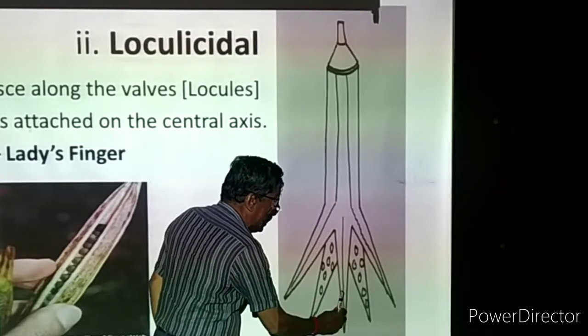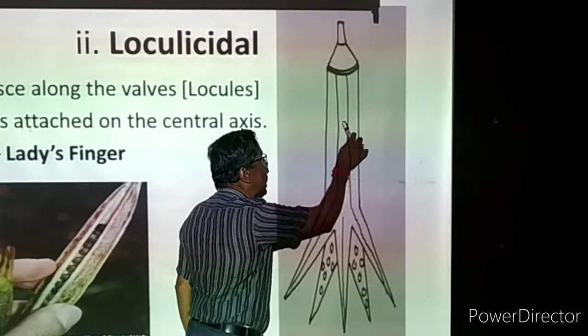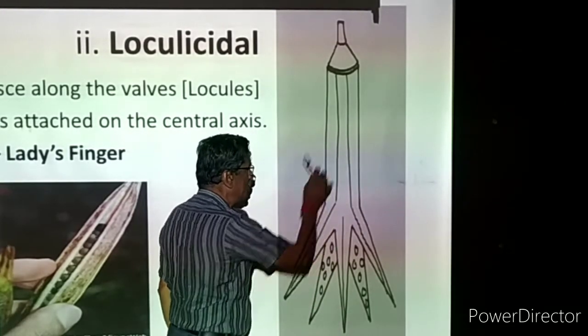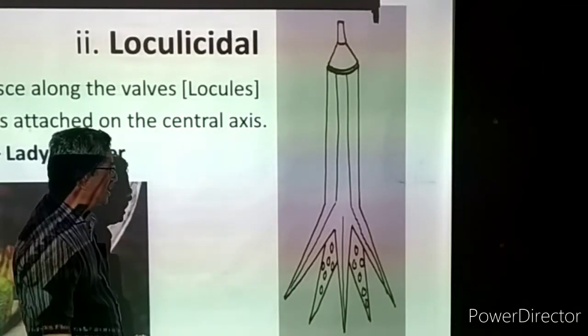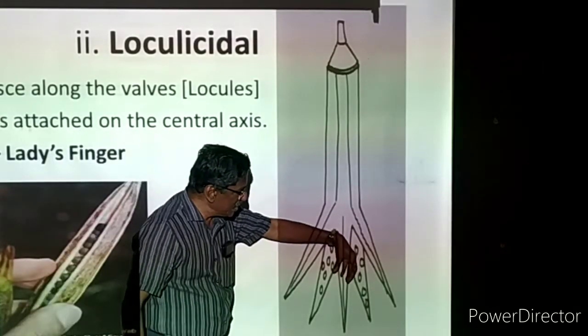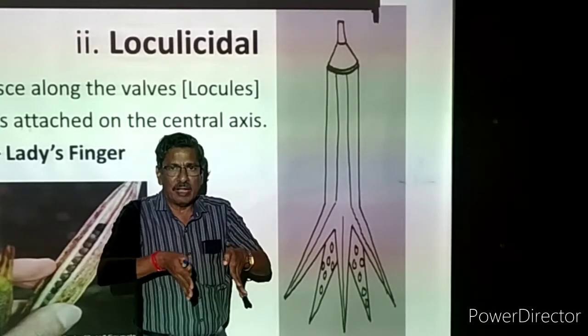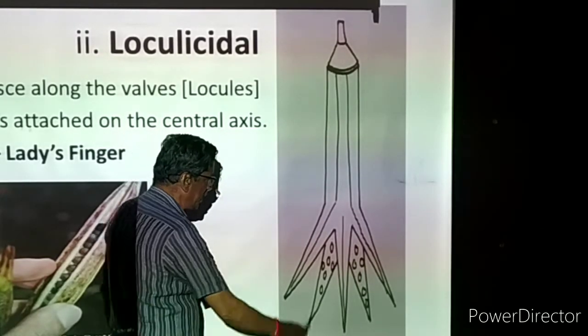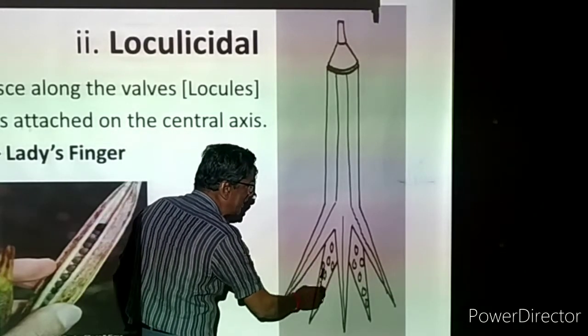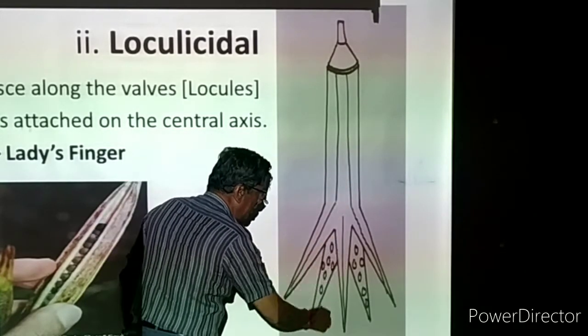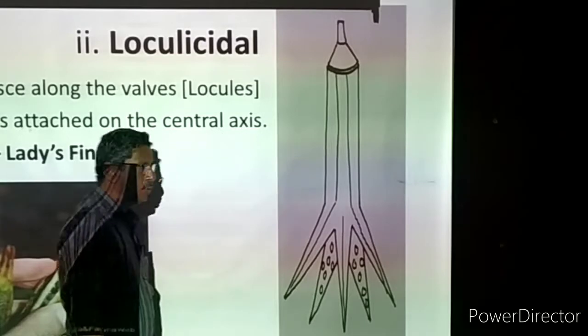So the splitting is taking place in the center of each valve, from the tip of the fruit to the base. So the 5 valves are coming away. At that time all the seeds are attached to the central axis, but the seeds are falling down.